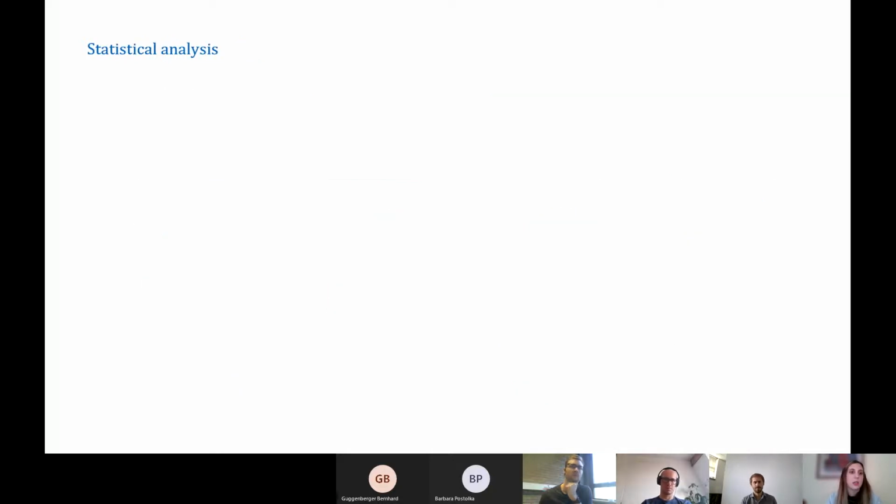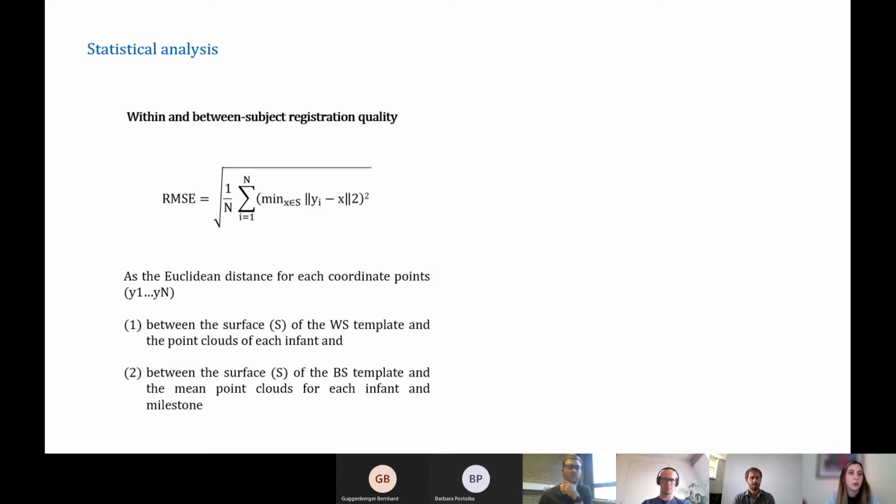The statistical analysis that we performed was divided in two phases. We first wanted to know how our approach performed on this data set, so we calculated root mean square error, RMSE, as a measure of the within and between subject registration quality.